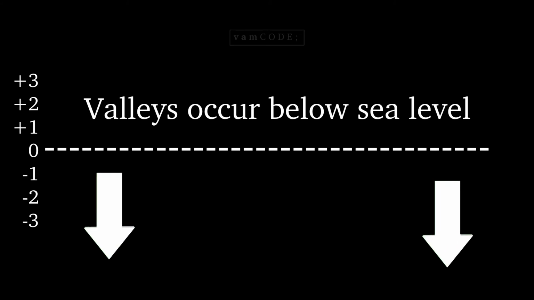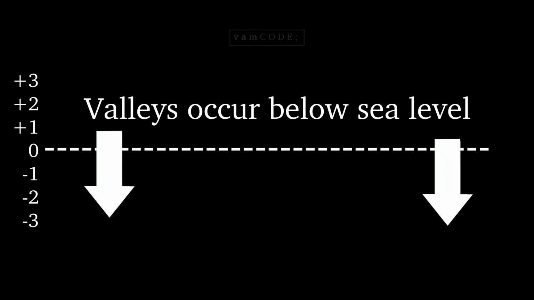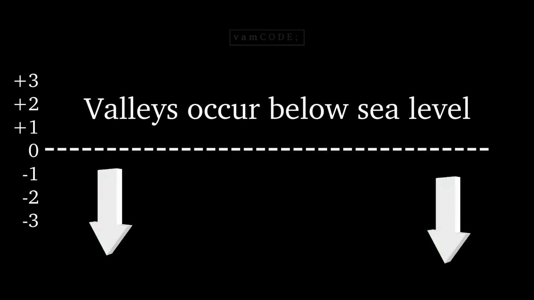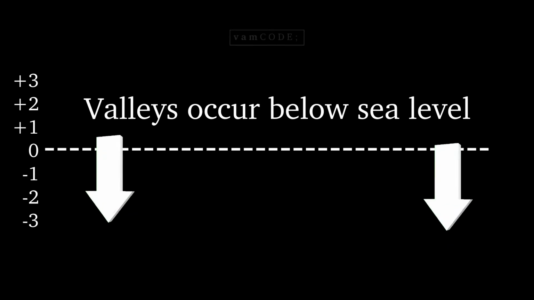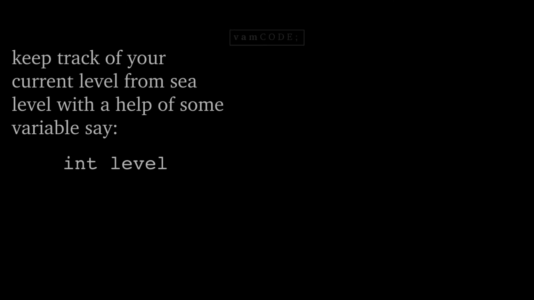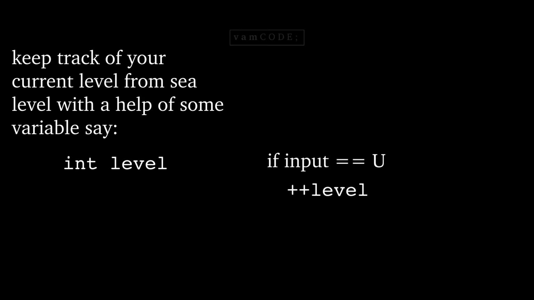But how do we know if you are above or below sea level? We need to keep track of the steps which take us either up or down. One way to do this is to change some variable, say a variable called level, depending on whether you receive a U or a D. If we receive a U to go up, we can increment the value of level by 1.